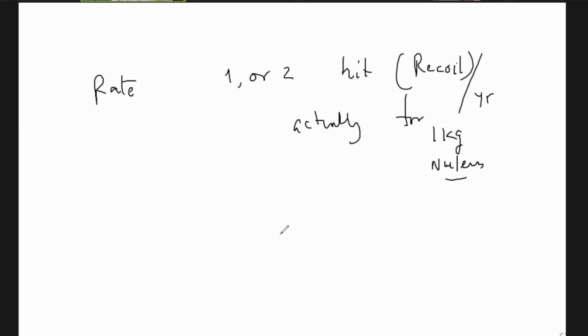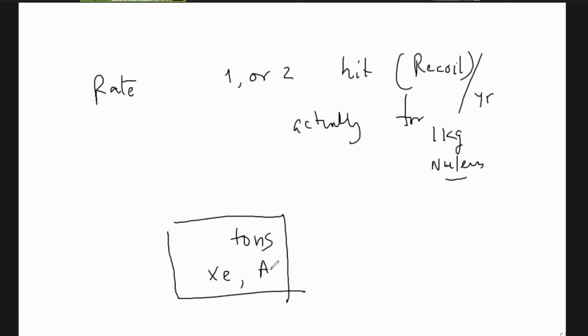So now what they do, they make a bigger detector and they put tons of xenon or argon nucleus. Why? Because xenon and argon have a lot of neutrons and protons inside. So the more protons and neutrons, the more the chance of the dark matter wind hitting us. Clear? Yes? And this experiment is called Xenon 100.